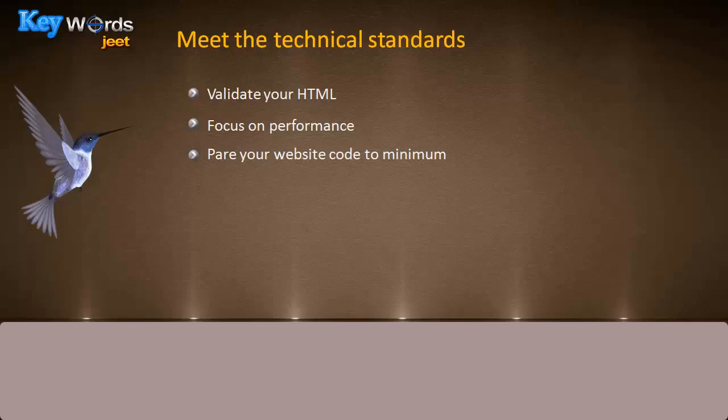The second thing is to focus on performance. When the Google Spider reaches out to your website, it has a performance measure. It measures how long your website takes to return the content. Now remember, what you feed Google is what you feed the viewers, and how much time you take to feed the viewers is an important measure for Google, because Google wants to return the websites which are delivering the best user experience to the people who visit Google.